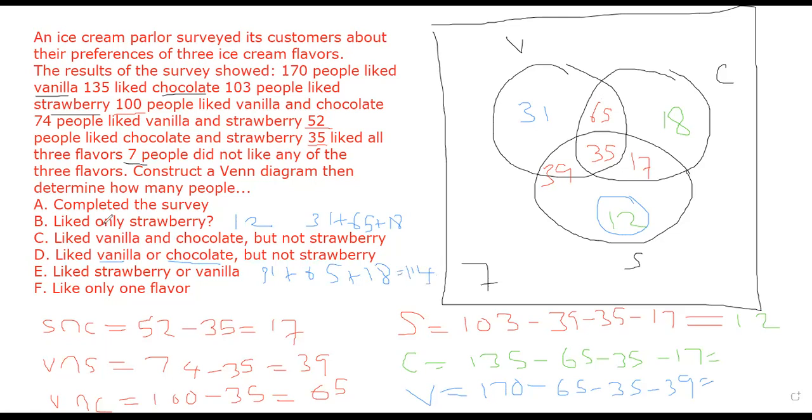Now the question is, what is the proportion of people who liked vanilla and strawberry, but not chocolate, if n means intersection? Who wants to try? Liked vanilla and strawberry.